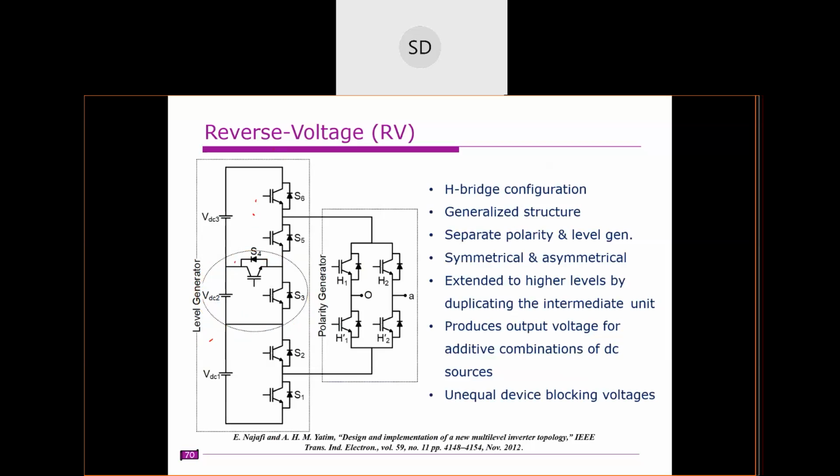So coming to its operation. If you want to operate these 3 DC sources, the path will be something like this. We need to turn on the switches S1 and S6. If you turn on S1 and S6, all the 3 DC sources will come in series. If you want to operate only 2 DC sources, it may be something like this.